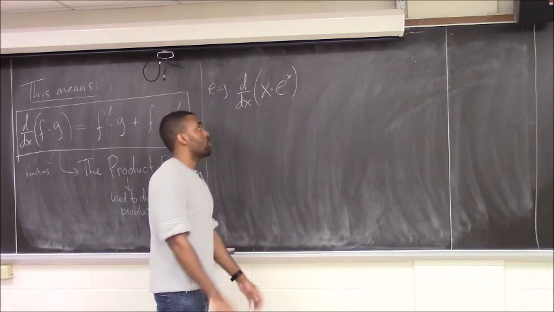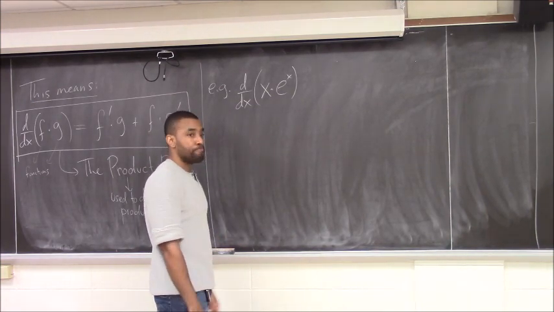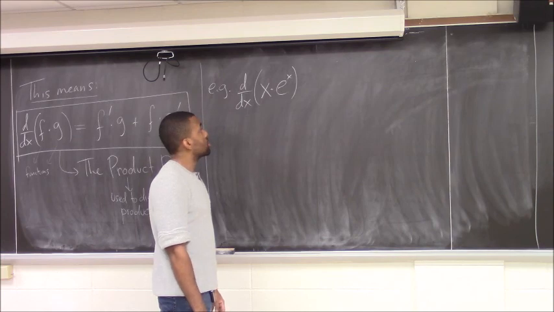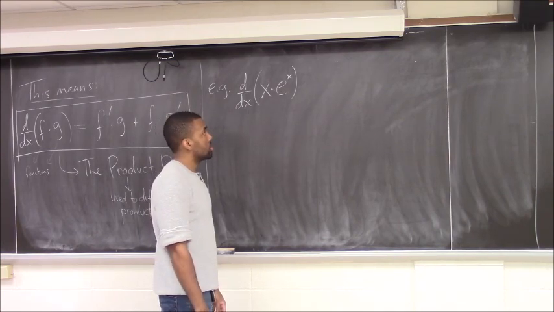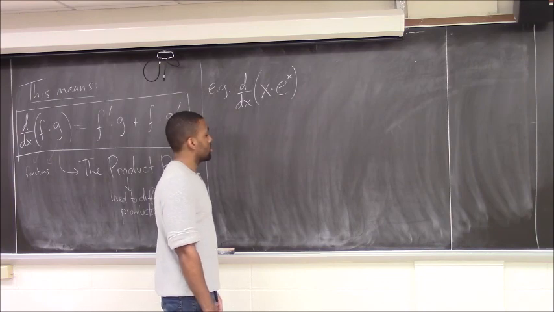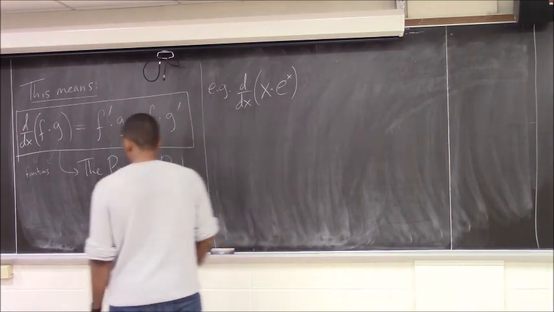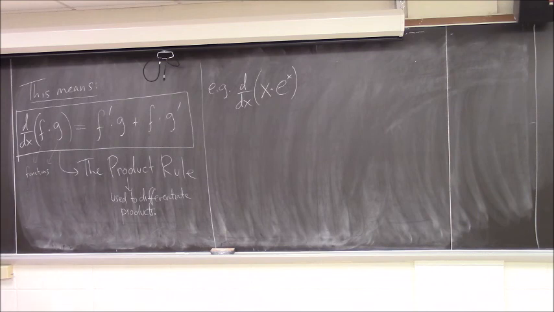Use the product rule. So how would you apply it here? Differentiate x times e to the x, plus x times the derivative of e to the x. Yeah. So especially when you're just starting out, it can be difficult to see it at first.